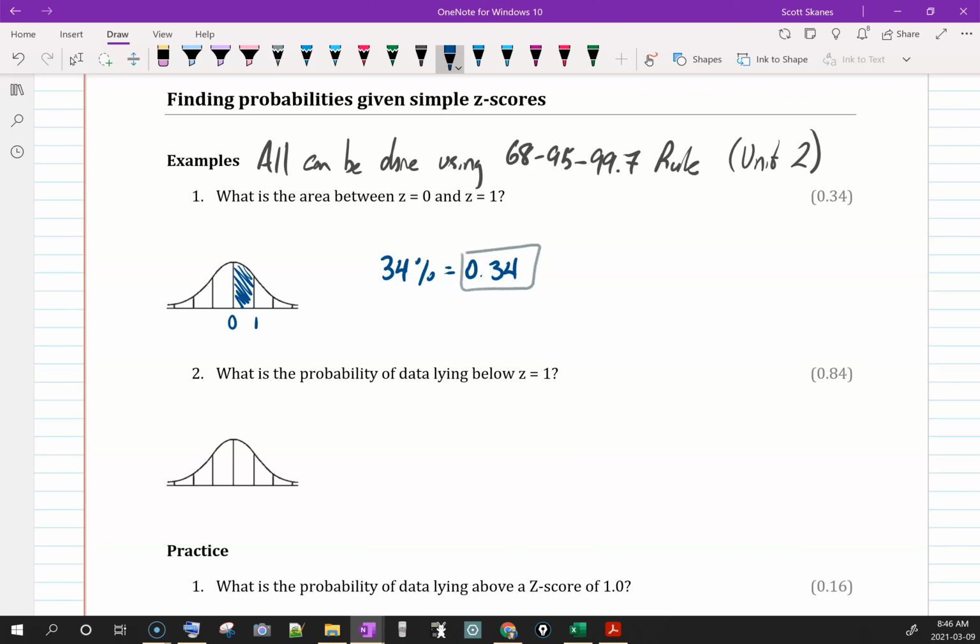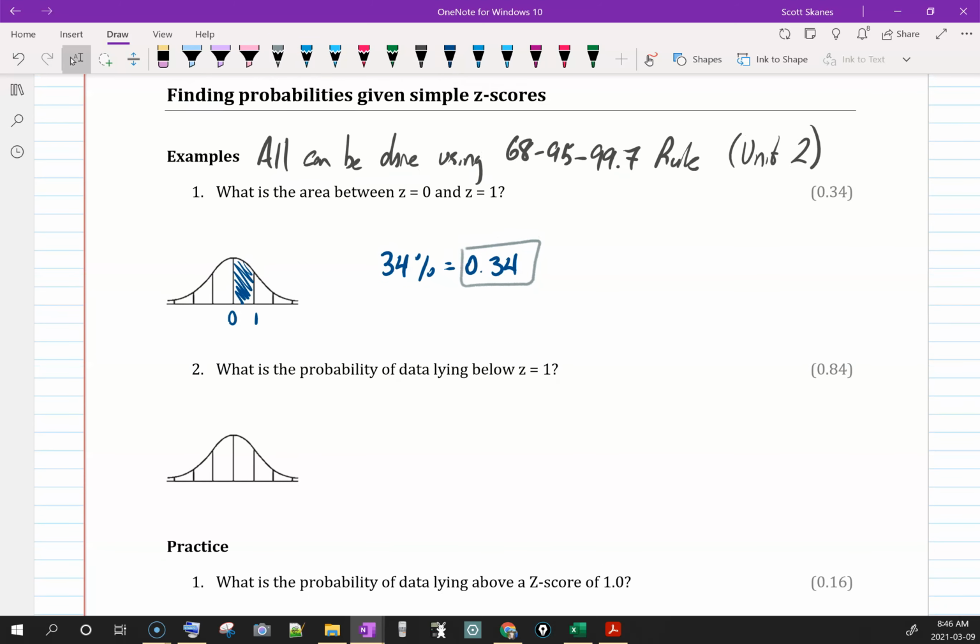All right, the next question, what is the probability of data lying below z equals 1? So z equals 1 is right here. It's the probability that we have data lying in this region down here. Now what's the probability, or what's the size of the area under that curve? They mean the same thing. Oh sorry, that's z equals -1.